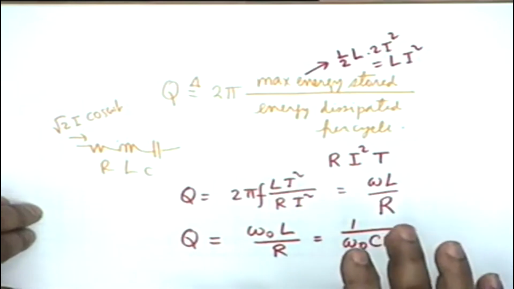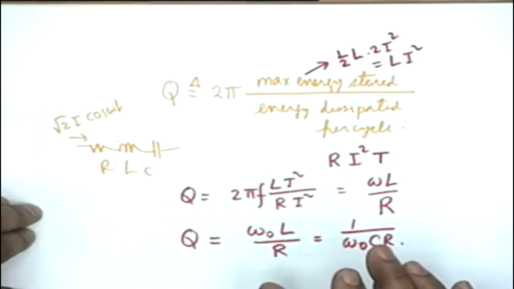Therefore Q of an element is a very useful measure of the quality, or the energy storage capability relative to the energy dissipation. Energy dissipation is a fact of life. It's an undesirable phenomenon, but it happens because you cannot make an inductance without a series resistance. Similarly, as you will see, you cannot make a capacitor without losses.